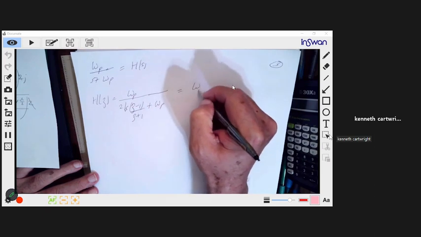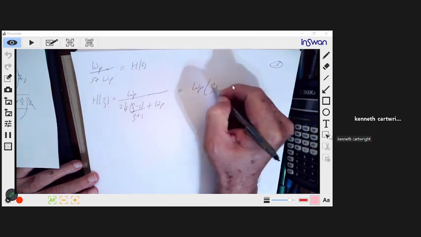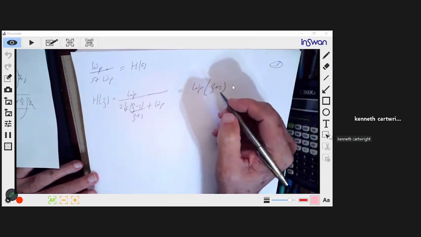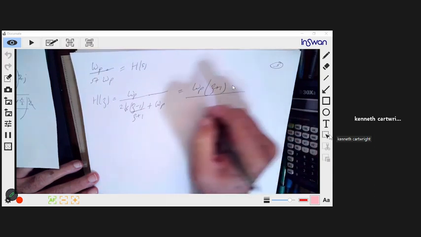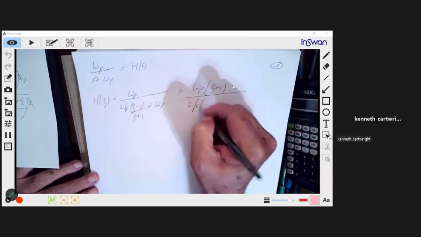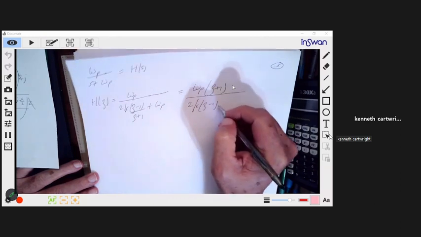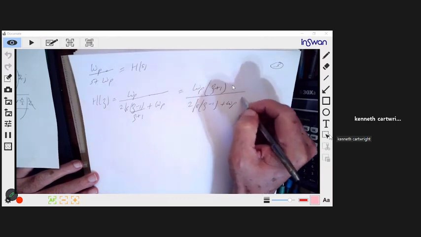So this is now omega p, Z plus 1 over 2fs, Z minus 1 plus omega p times Z plus 1.